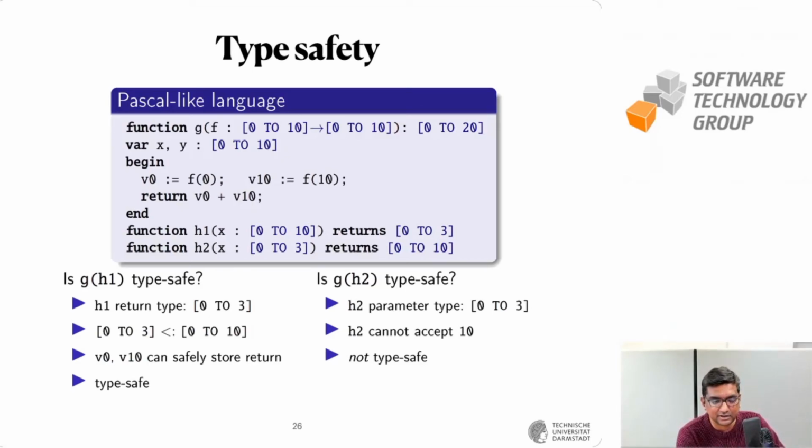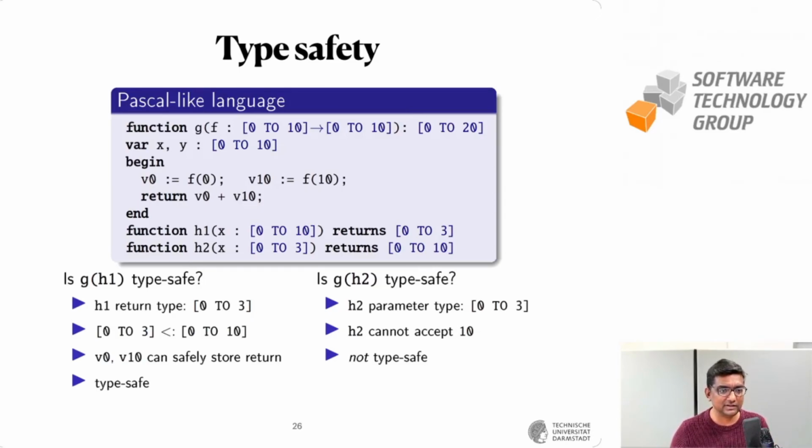Here the example is in a Pascal-like language. You have a function g, which takes in a function f that takes in a value in the range 0 to 10 and returns a value in the range 0 to 10, and the overall function g returns a value in the range 0 to 20, right? You have two variables x and y which are in the range 0 to 10, right?